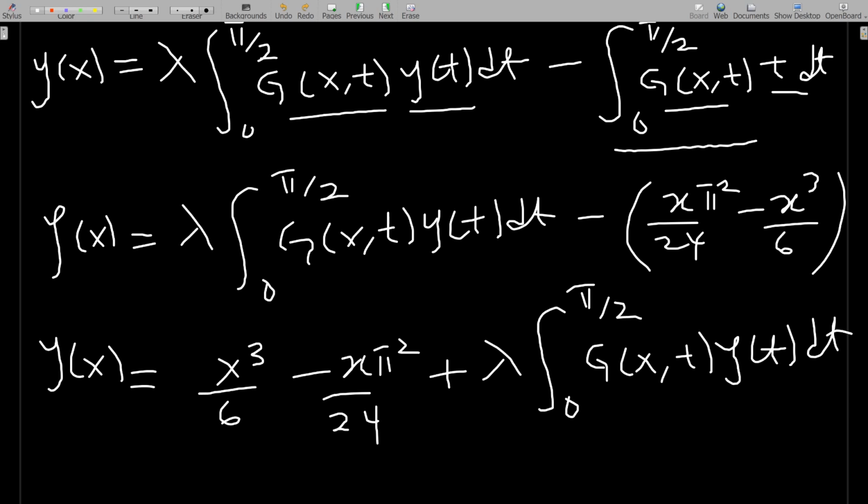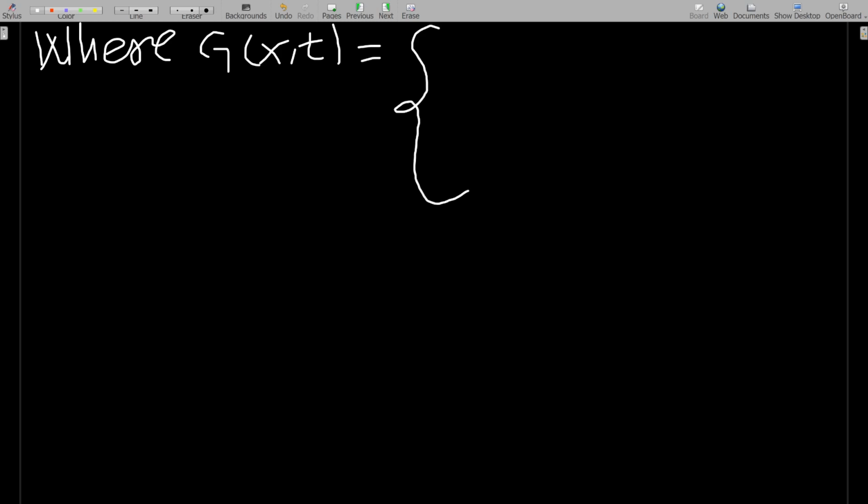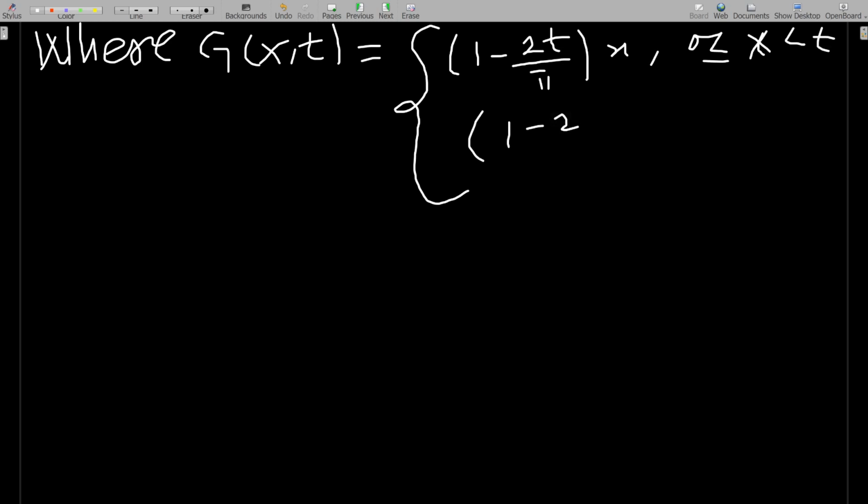So this is your final answer, but then you write where g of xt is equal to 1 minus 2t over pi x, for 0 less than or equal to x less than t, then 1 minus 2x over pi t, for t less than x less than or equal to pi on 2. So this is your final answer.